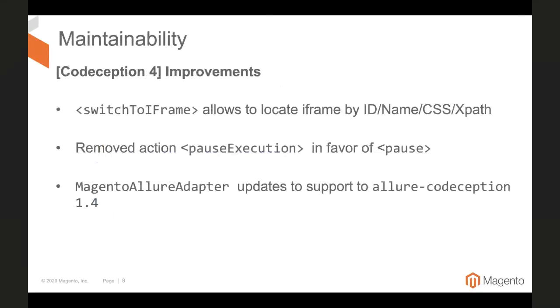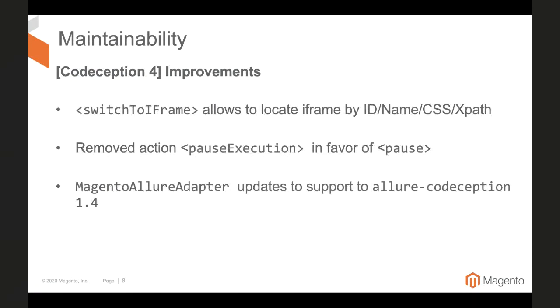Yeah, so talking a little bit about some changes that some actions have undergone due to the upgrade with Codeception 4. So switch to iframe has changed a bit. It now allows iframes to be located by CSS and XPath as well.